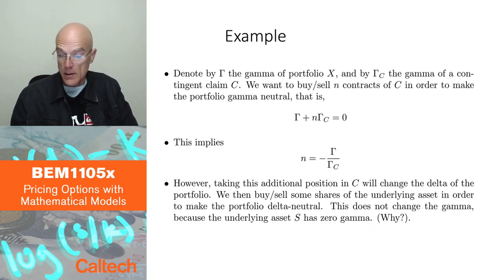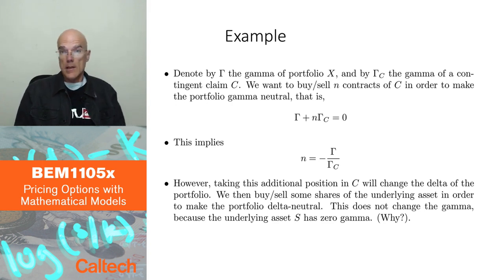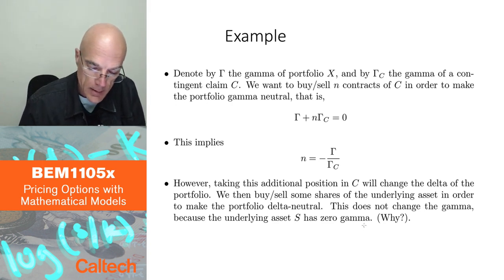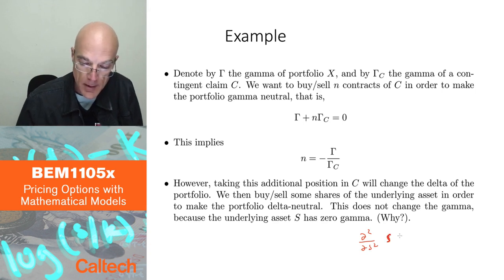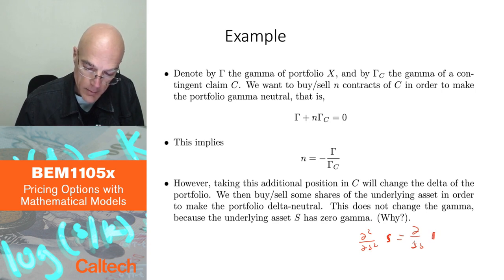Okay, why is that? Why does the underlying have 0 gamma with respect to itself? Well, that's mathematically simply because gamma is the second derivative of S with respect to S, which is the first derivative of 1, right? Because the first derivative is just 1. So first derivative of 1 is 0.